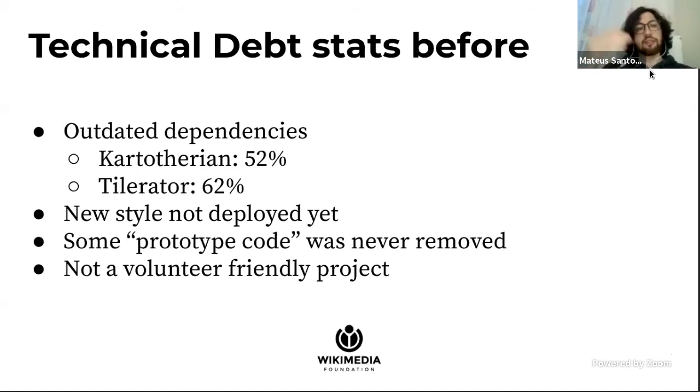The reality is that 52% of Kartotherian was outdated, 62% of Tilerator was outdated at that point. We also didn't deploy the new styles, and there was still some prototype code running on the platform.